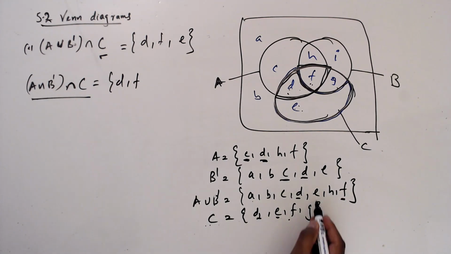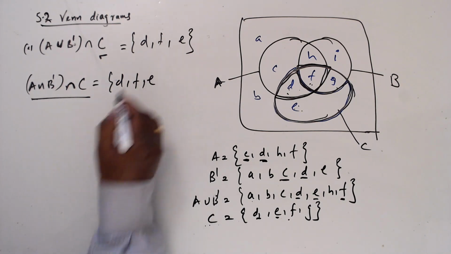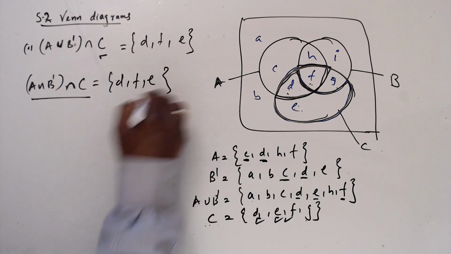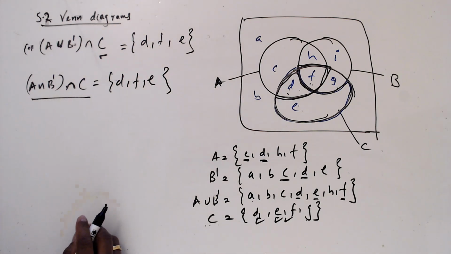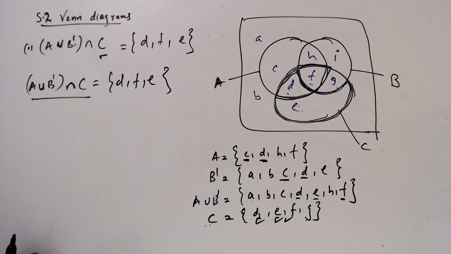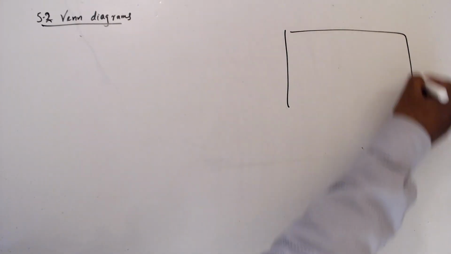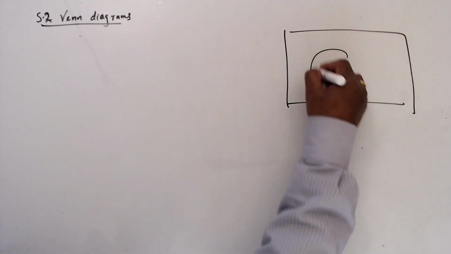And E is common. Any other commons? D, E, F, no G, and apart from that, that's all. Now we will derive a formula.